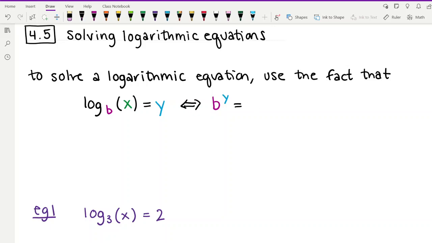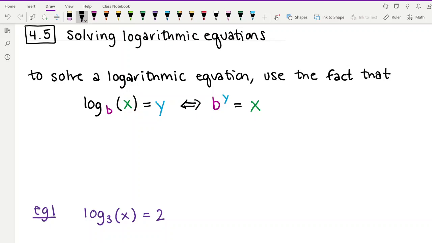Right? That's our definition of a logarithm, because remember, logarithms are asking you what exponent you need to raise this number to get this number, and the answer is this, right? So the answer to the logarithm is your exponent, so that's there. The base is the same, so that's here. And then the number that you get when you raise the base to that power, well, that was the number inside your logarithm.